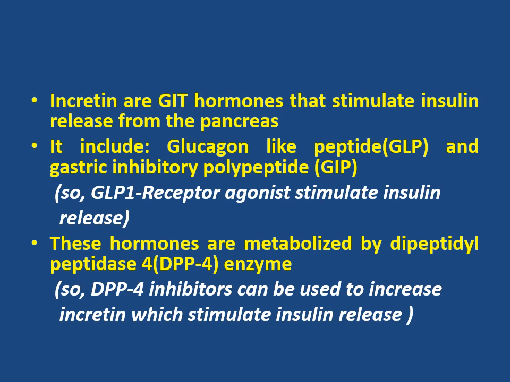What is incretin? Incretins are GIT hormones that stimulate insulin release from the pancreas. It includes glucagon-like peptide and gastric inhibitory polypeptide. So glucagon-like peptide 1 receptor agonist will stimulate the insulin release.